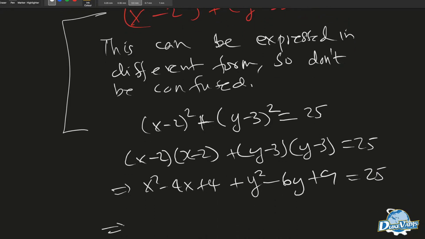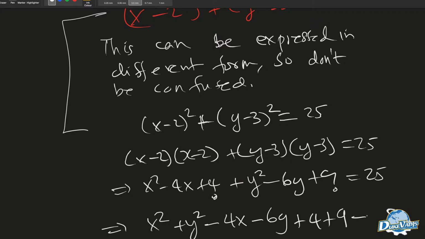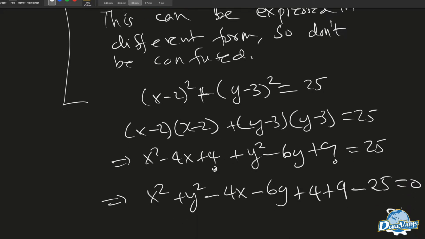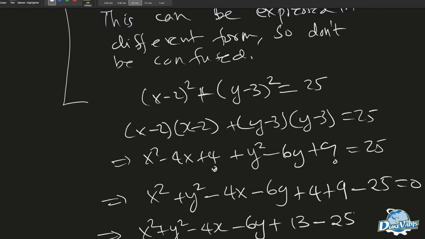Friends, now we can say that x squared plus y squared, as we separate, minus 4x minus 6y. Don't forget we have a 4 here and 9 here. So we say plus 4 plus 9 minus 25 is equal to 0. Do not be shaken. It's the same equation of a circle that we have now expanded. So this finally can be written as x squared plus y squared minus 4x minus 6y plus 13 minus 25 is equal to 0.